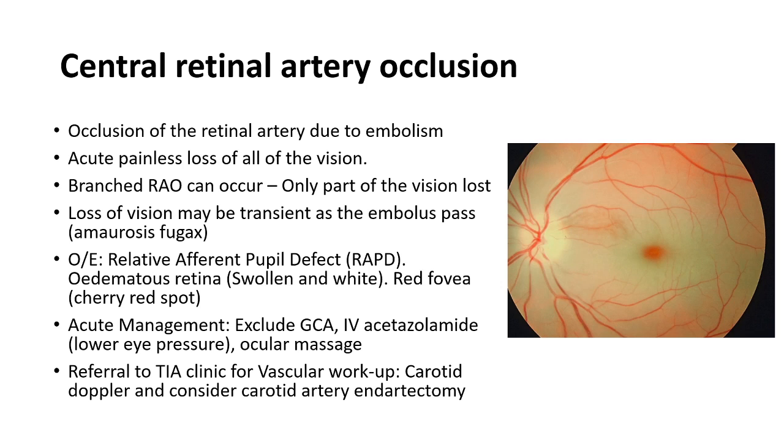The loss of vision is unfortunately irreversible. However, some patients may get their vision back after a few minutes if the embolus moves more distally, and this is called amaurosis fugax. And it can happen in a transient ischemic attack, for example.